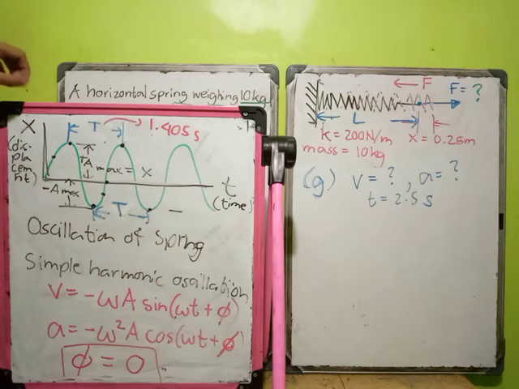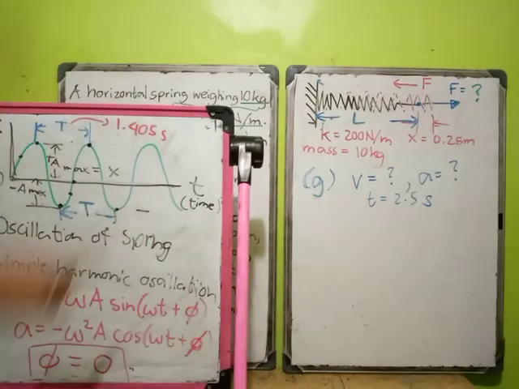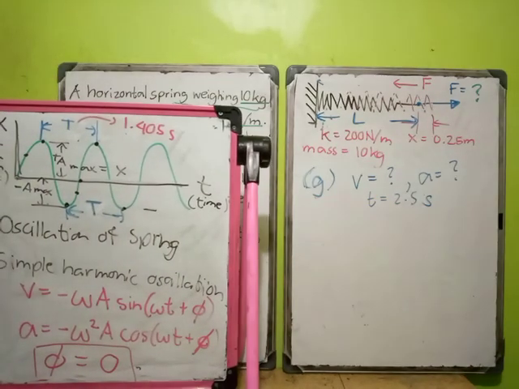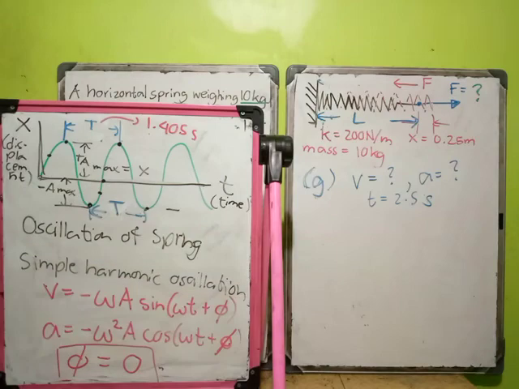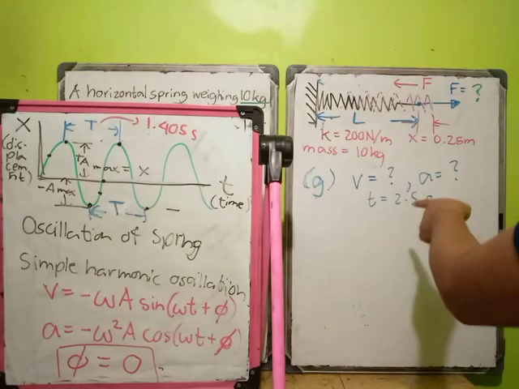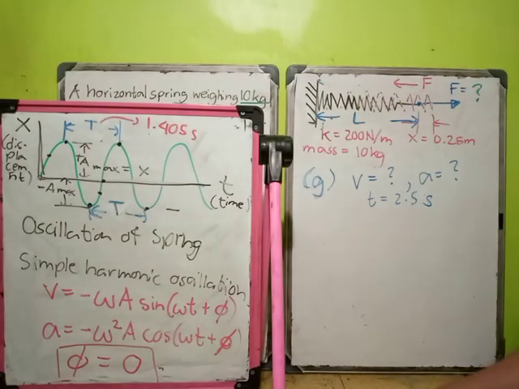So, without further ado, i-apply na natin tong mga formulas na to sa problem. So, what is the velocity and acceleration at t is equal to 2.5 seconds? So, this is the solution.